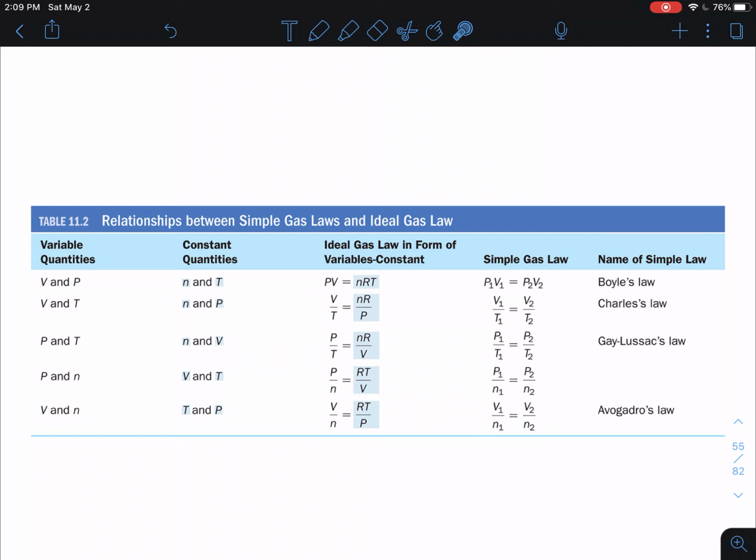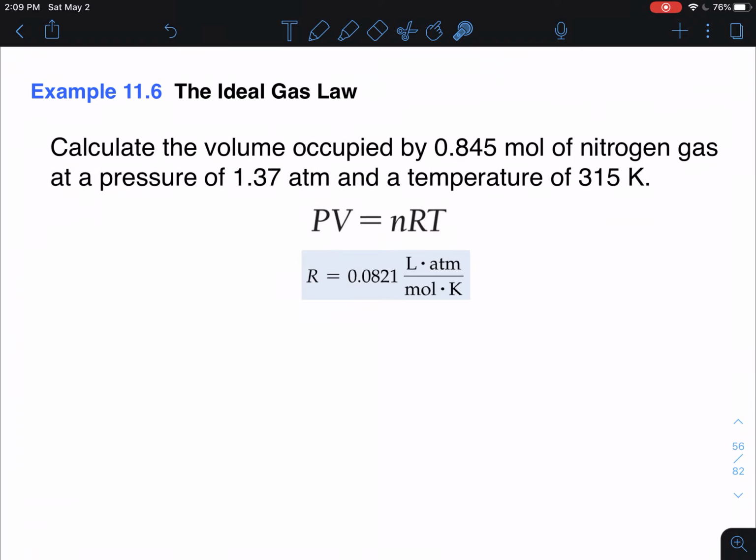That's really the take-home message here. R will always be given. It's not something that you have to memorize. It's always going to be given, so don't worry about it. But you'll use it so much, you'll probably just have it memorized anyway.